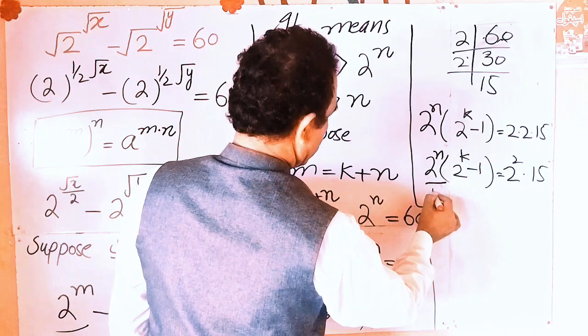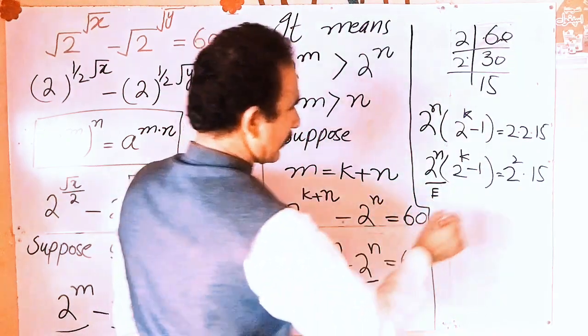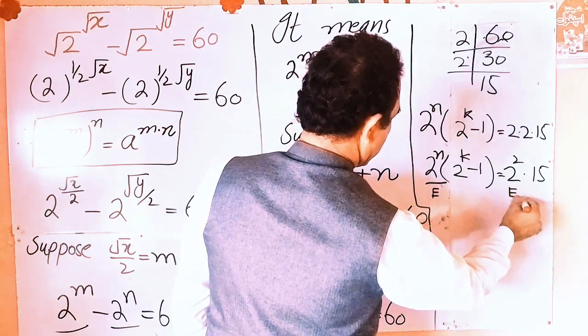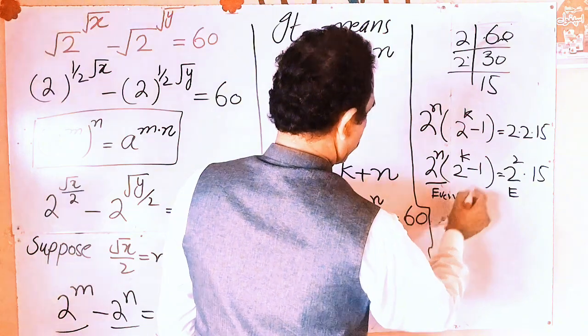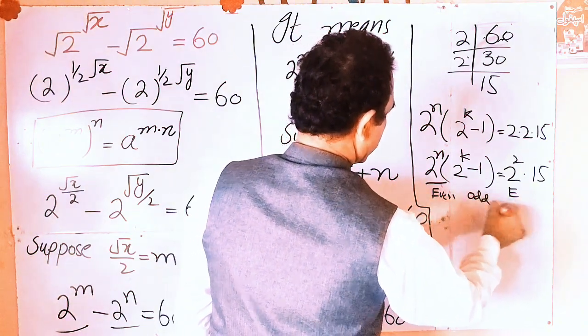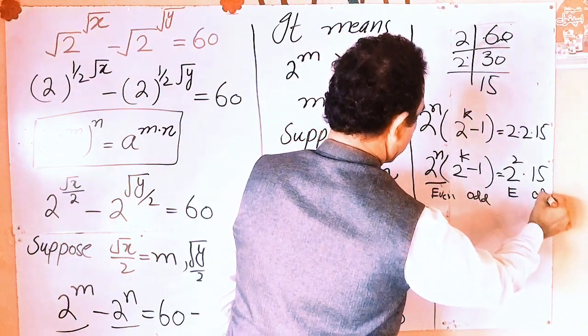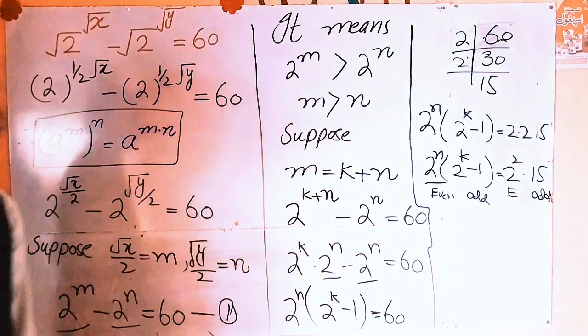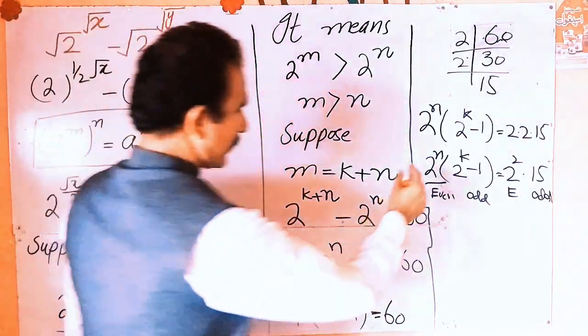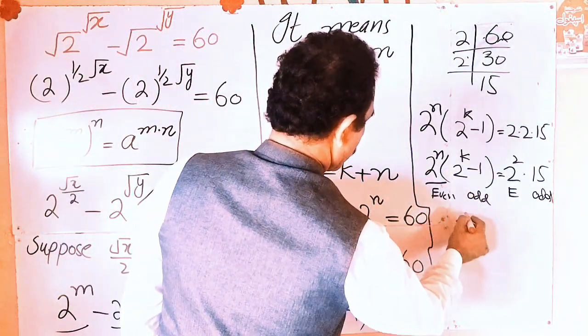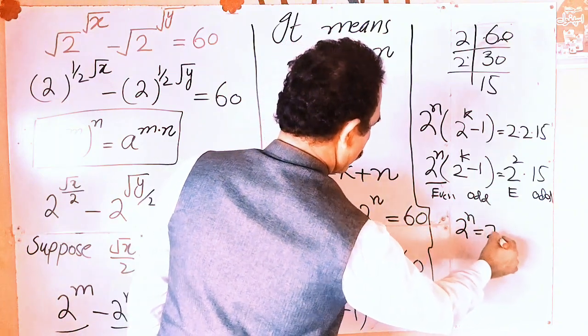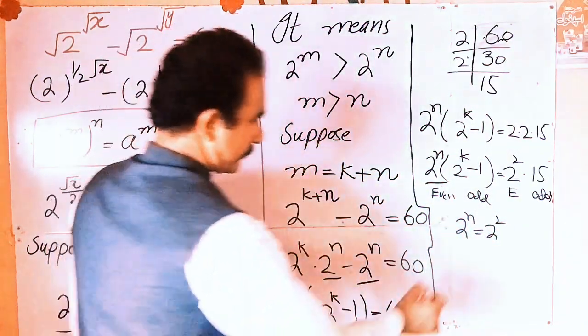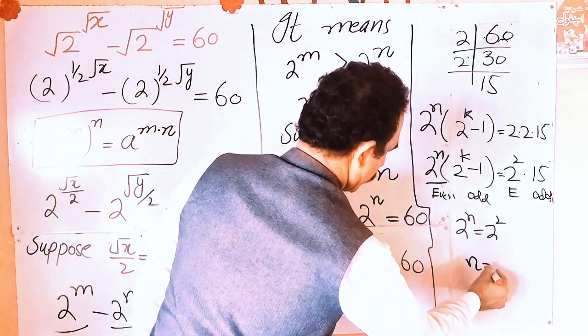We suppose that the first is even and the second is odd. So 2 power n is equal to 2 power 2. n is equal to 2.